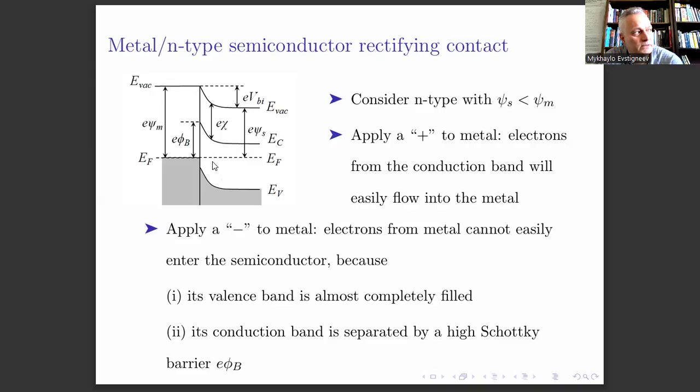You have high exponentially increasing current if the bias is in forward direction, plus to the metal, minus to the semiconductor, and you will have the low saturation current if you apply bias in the reverse direction, that is minus to the metal and plus to the semiconductor.